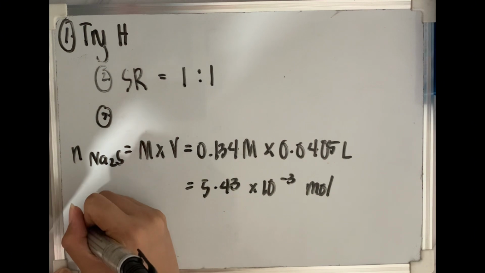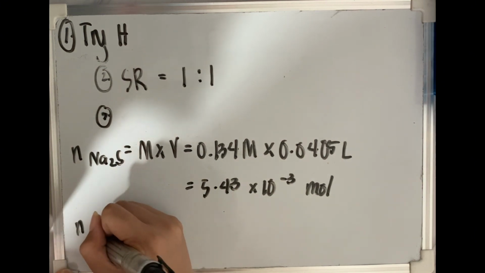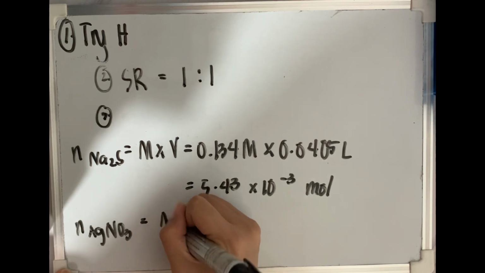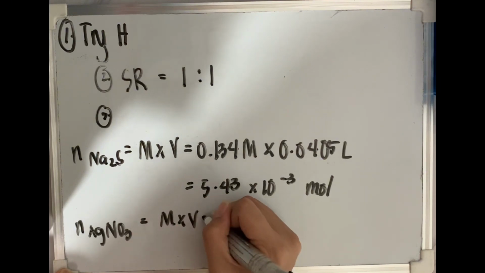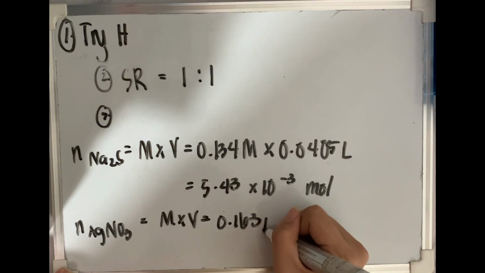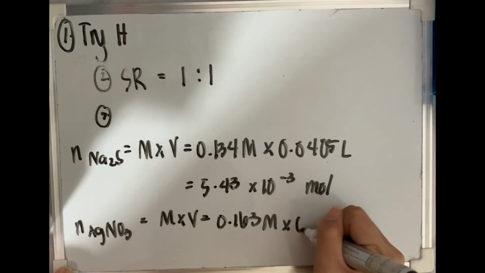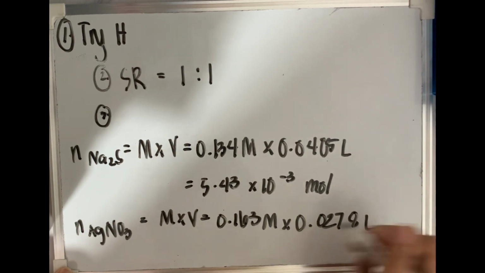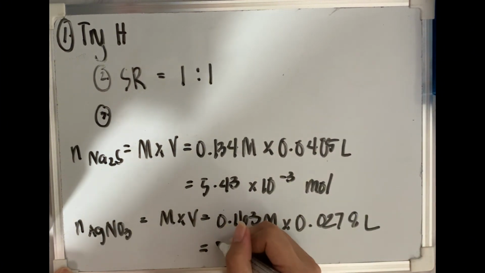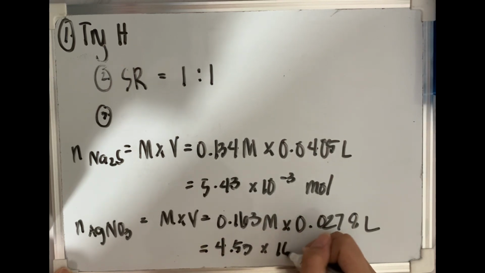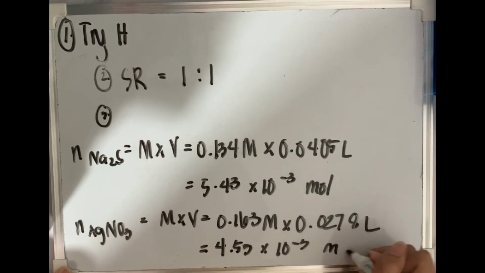And then for the number of moles of AgNO3, we have M times V equal to 0.163 M times 0.0278 liters, which is equal to 4.53 times 10 to the power of -3 mole.